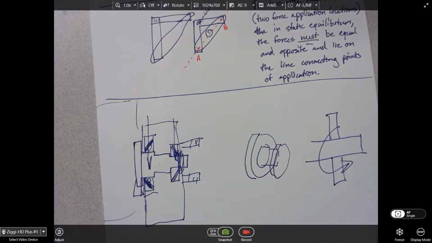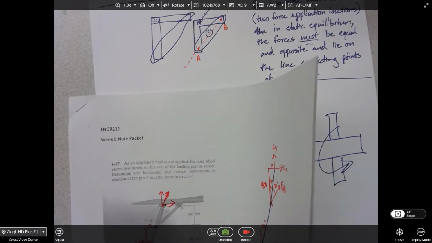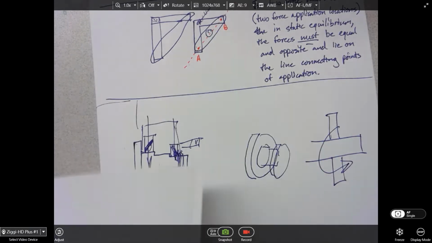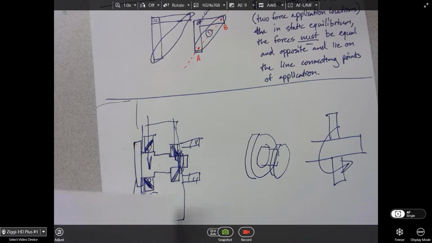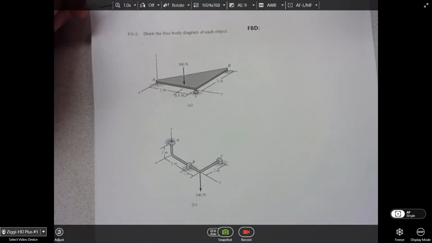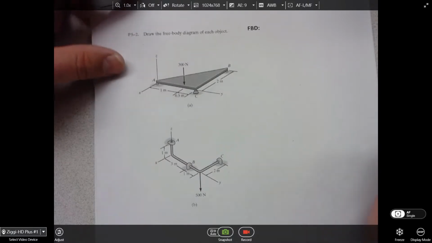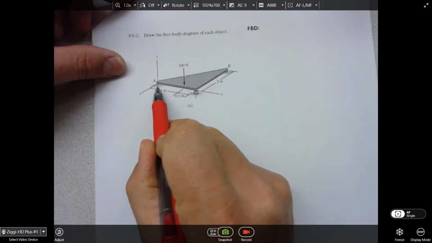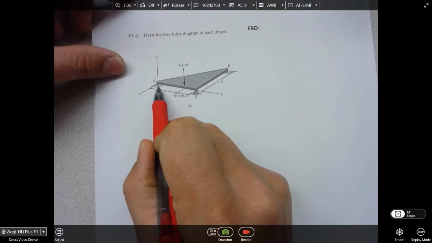So back to your note packet, and we'll skip that first one and go to P5-2, okay? Where we're asked to draw the free body diagrams of each of these. So, what do you think in 3 dimensions the resultant force of a ball bearing is going to be at A here?